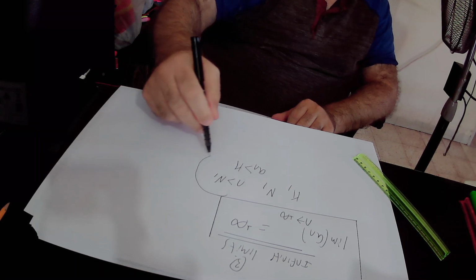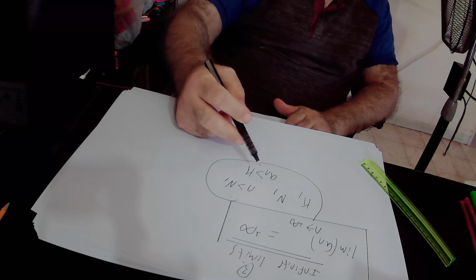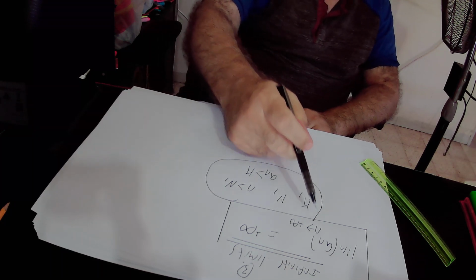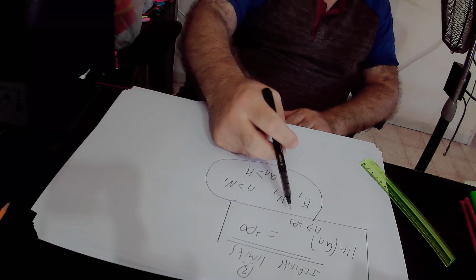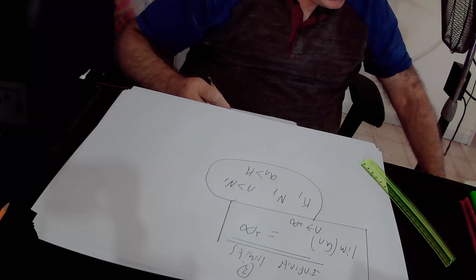Only if this condition holds, we can say that the limit of sequence AN when n tends to infinity is equal to plus infinity.